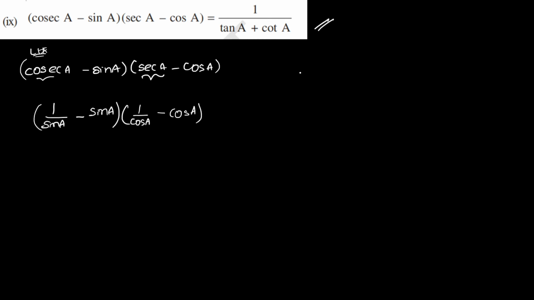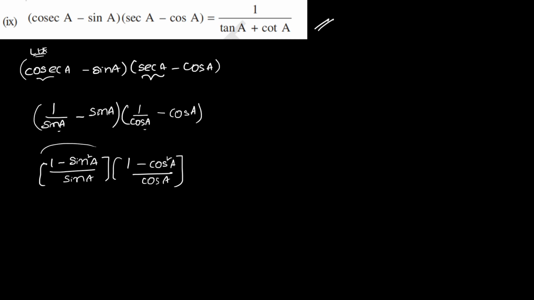Now we know how to solve a fraction and a number: we have to do cross multiplication. Then I get (1 minus sin square a) by sin a, into (1 minus cos square a) by cos a.